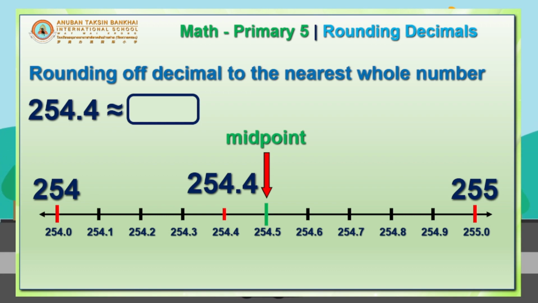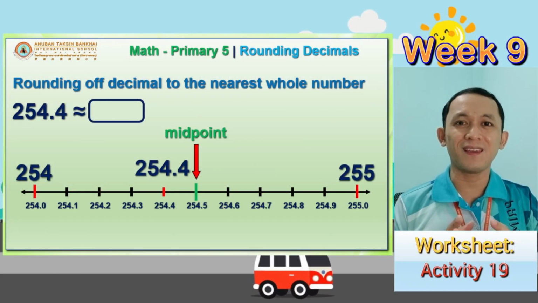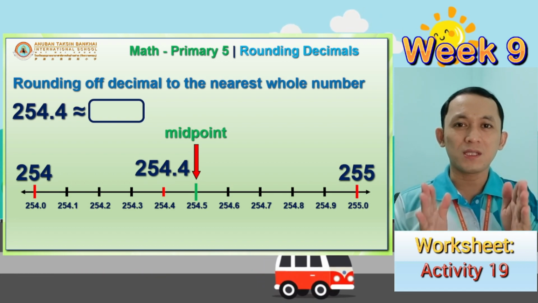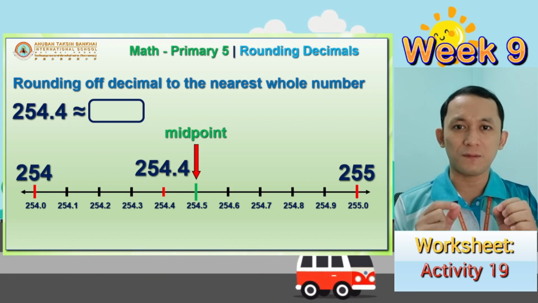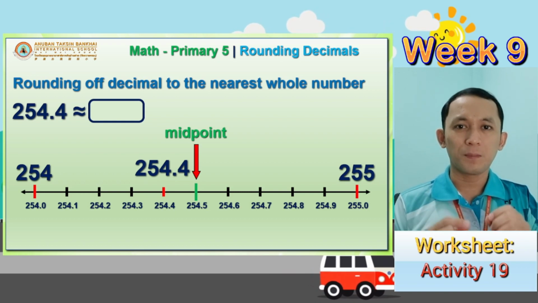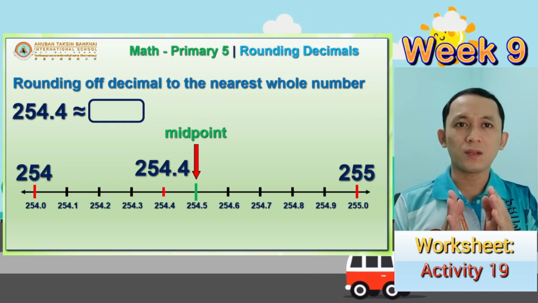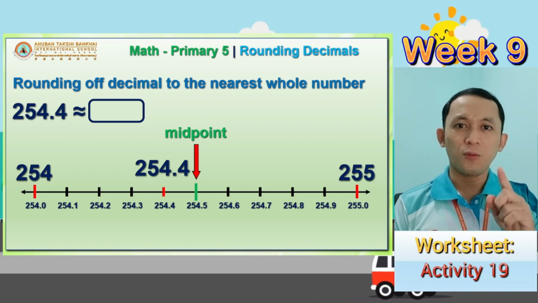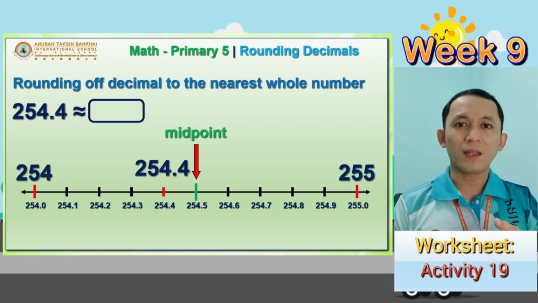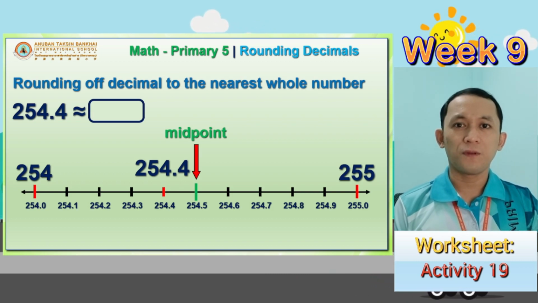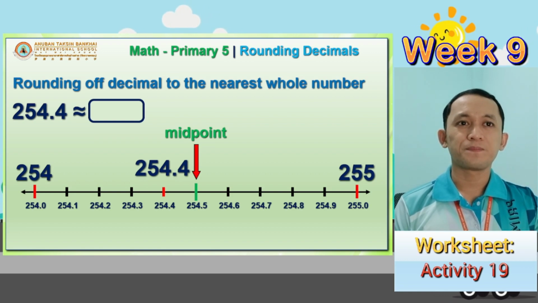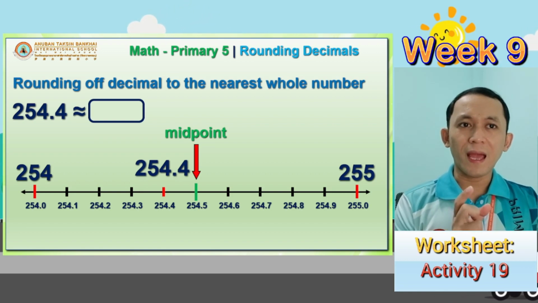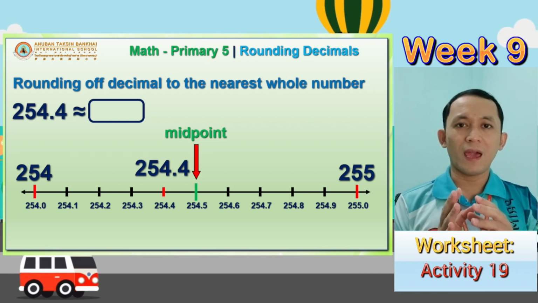It is not 254.10. We'll just focus on the tenths place first. So let's have 254.9. If we add 0.1, that would then be 255.